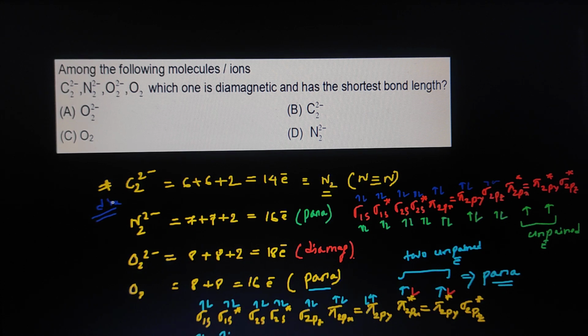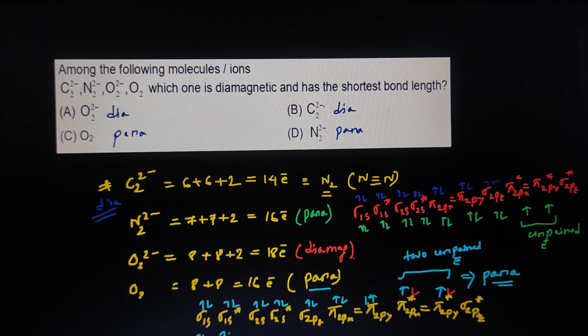C2 is diamagnetic. Now the question is, which one is diamagnetic and has the shortest bond length? Among the 4 compounds, O2 is para, C2 is diamagnetic, and N2 is para.